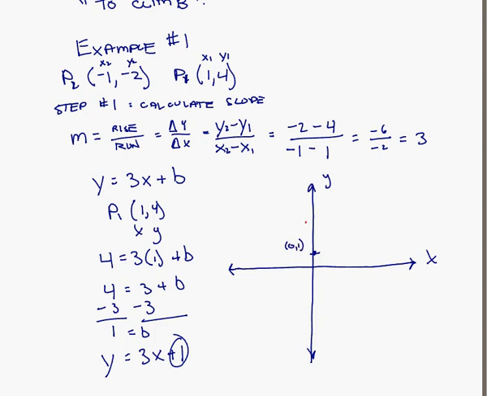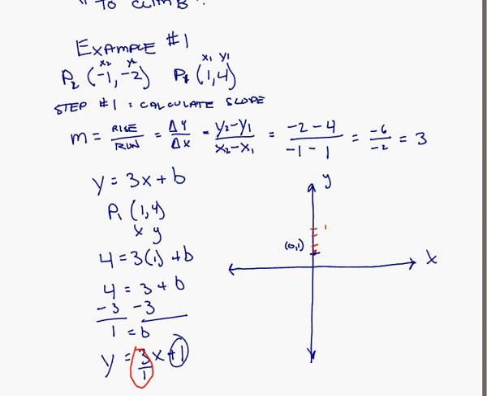Written as a fraction, that is the same as 3 over 1. So I take this ratio of rise over run, and I use that to find the second point. So from my y-intercept, now I'm going to go up 3, 1, 2, 3, and to the right 1, and draw my second point, and 2 points determine a line.